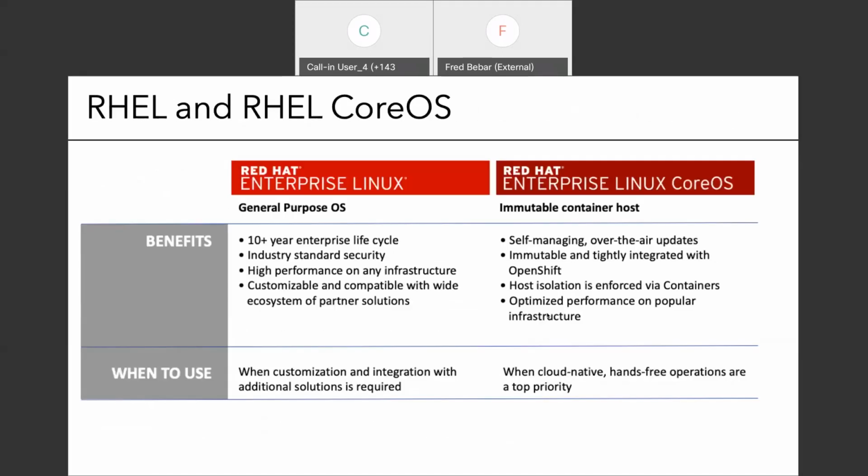If we compare the two, Red Hat Enterprise Linux has been around for a long time, industry standard, high performance, suitable for lots and lots of different applications that we want to put on top of it.